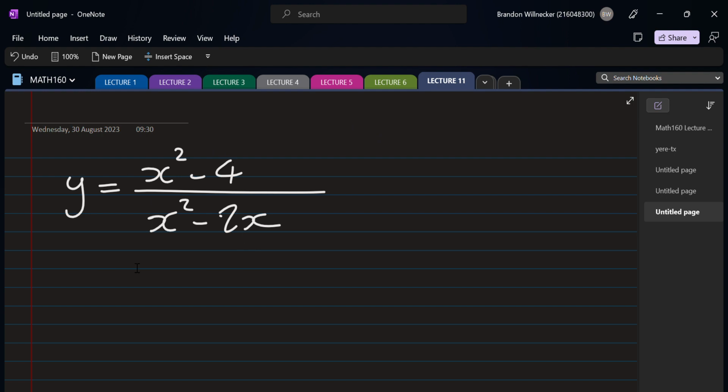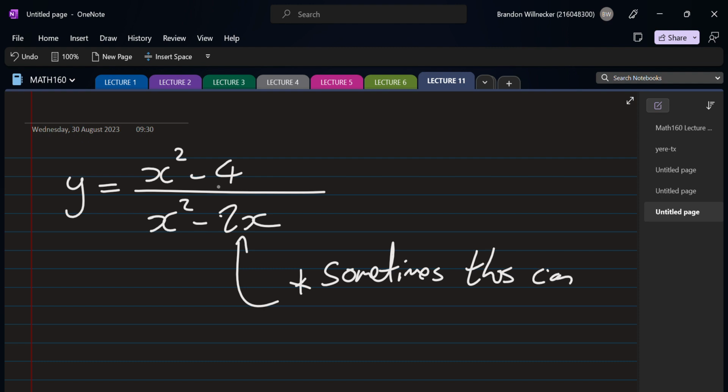Now, just note with these rational functions, this denominator part here, sometimes that can be 0. Right, so x squared minus 2x, there's some values of x where that's 0. And if we're dividing by 0, we're going to end up with a vertical asymptote. So just a note. Okay, so sometimes this can be 0.